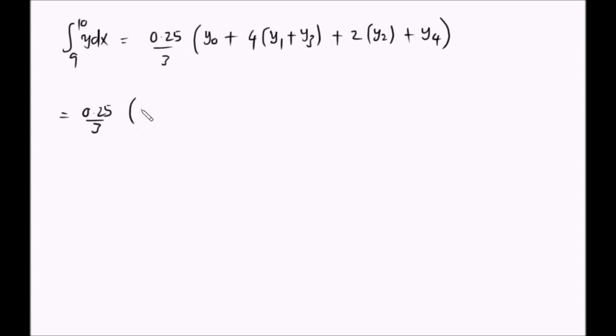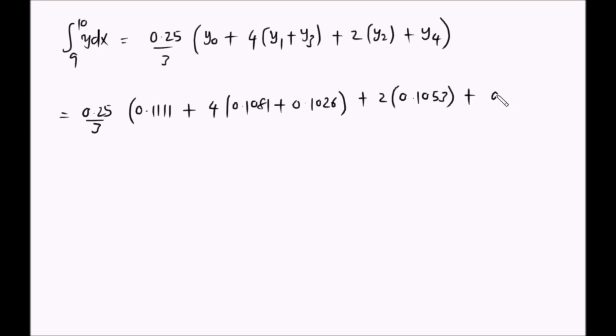So y0 ni hii 0.1111 jumlisha 4. y1 ni hii 0.1081 jumlisha 0.1026 plus 2. y2 ni hii 0.1053 plus y4 ni ile 0.1. So hizi nimezitoa kwenye table ile. So unaweza ukarudisha video yako nyuma ukaangalia ile table hizo.